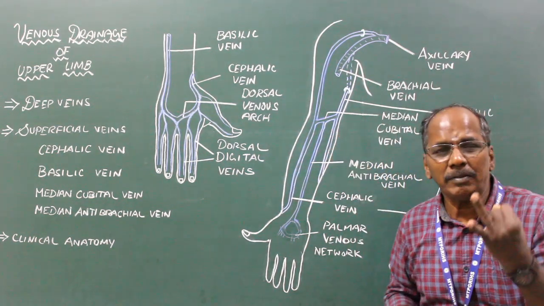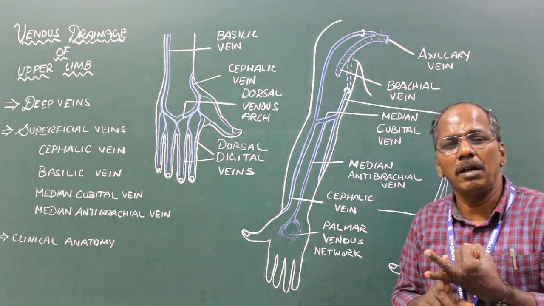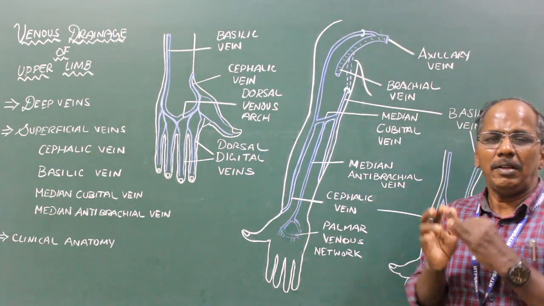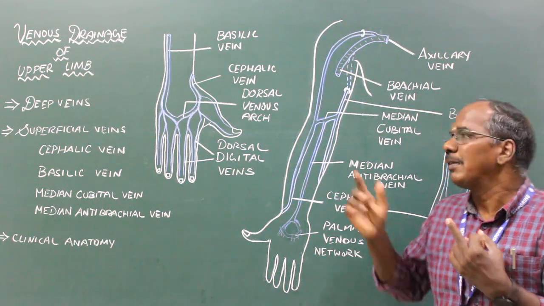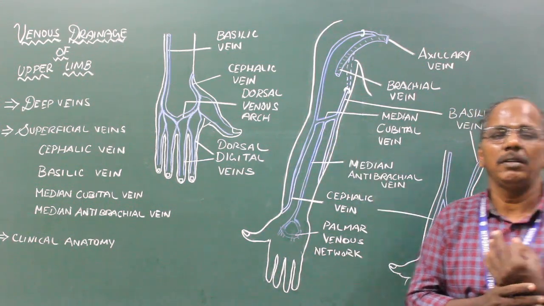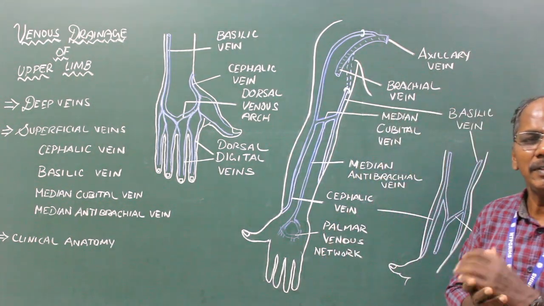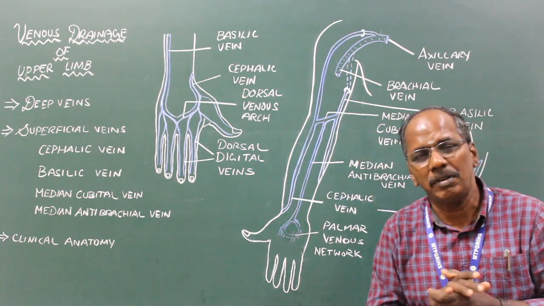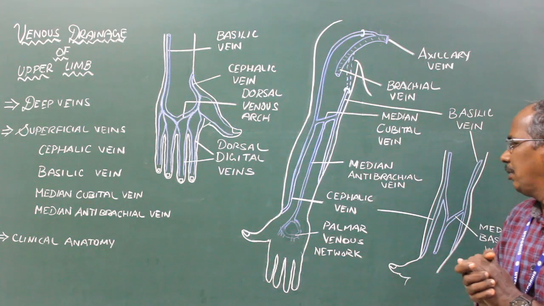It is separated from the deep structures present in the cubital fossa by bicipital aponeurosis. It is kept intact by the perforating vein which connects the median cubital vein with the deep vein of the arm. So these are the reasons why the median cubital vein is commonly used for IV injections or for withdrawing the venous blood.